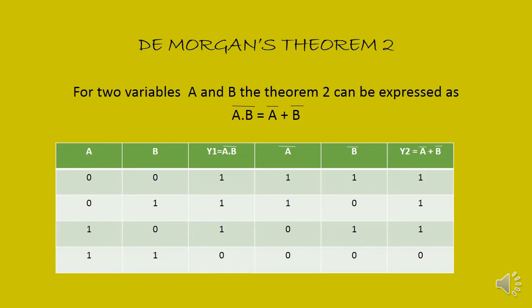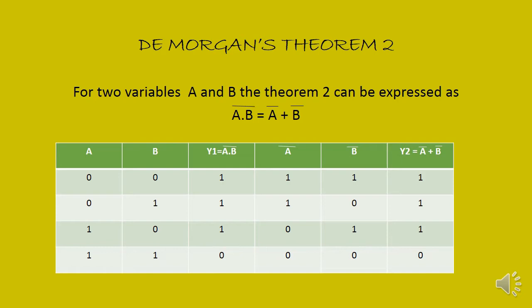So in this slide we saw De Morgan's theorem 2. For two variables A and B, theorem 2 can be expressed as (A dot B) whole bar equals A bar plus B bar. That means the complement of a product of a number of variables is equal to the sum of the complements of the variables. Okay. So this is the statement of De Morgan's theorem 2.